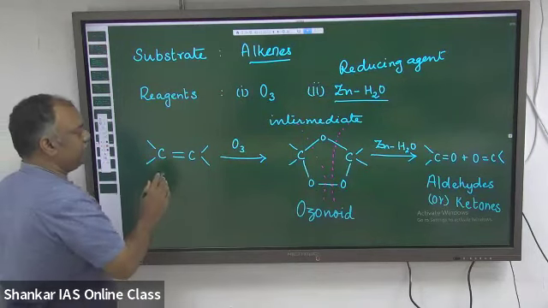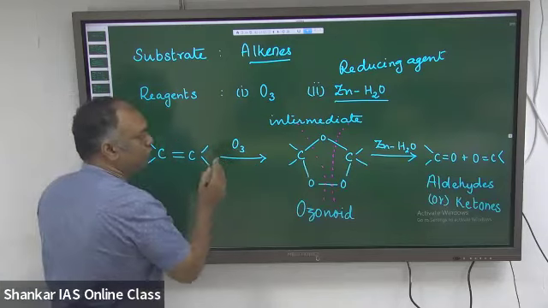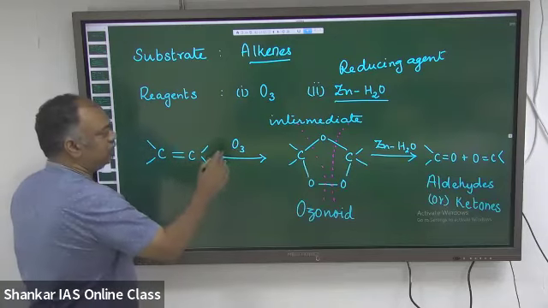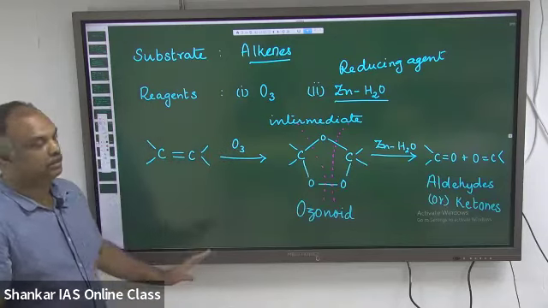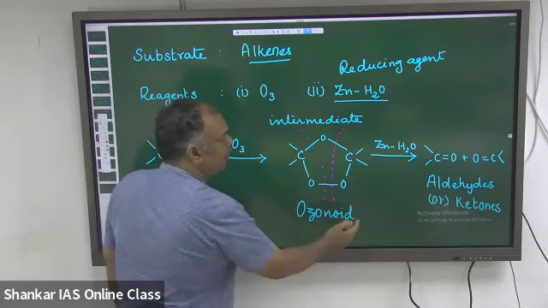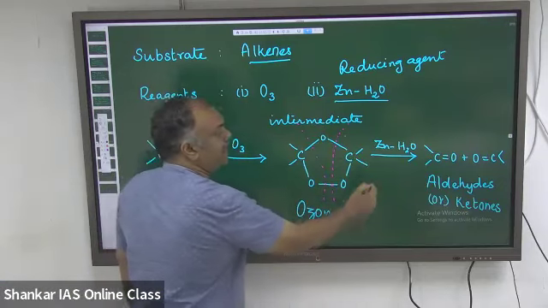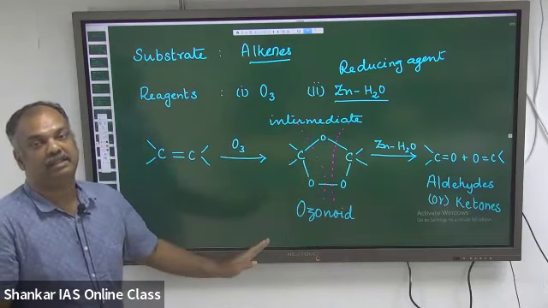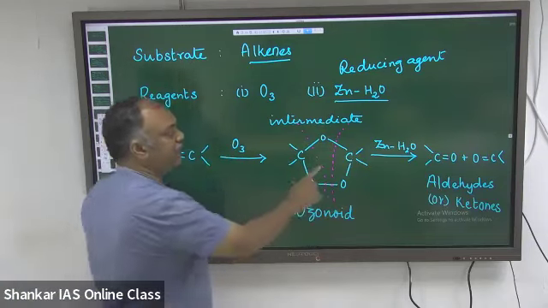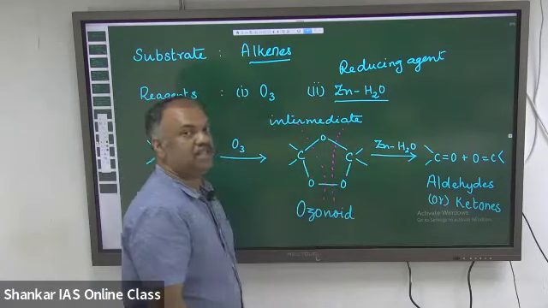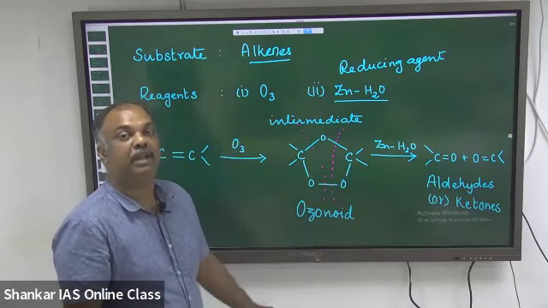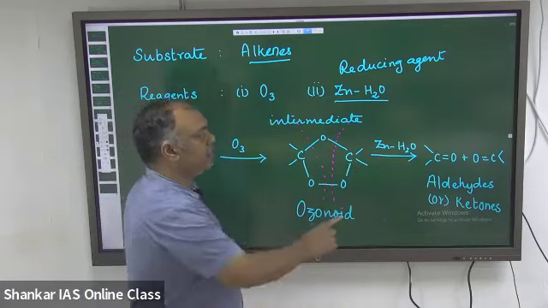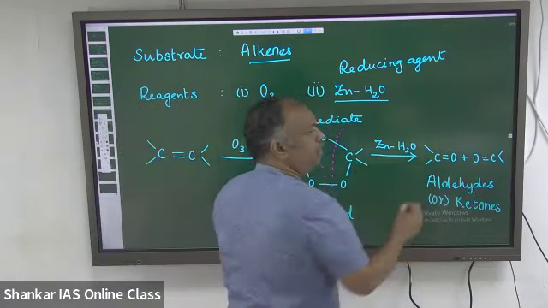Now if you are subjecting an alkene to ozone, ozone cleaves the double bond and forms an ozonoid. Ozonoid is an intermediate. This intermediate is highly unstable. When you subject it to a reducing agent like zinc and water, it immediately cleaves to give corresponding carbonyl compounds.